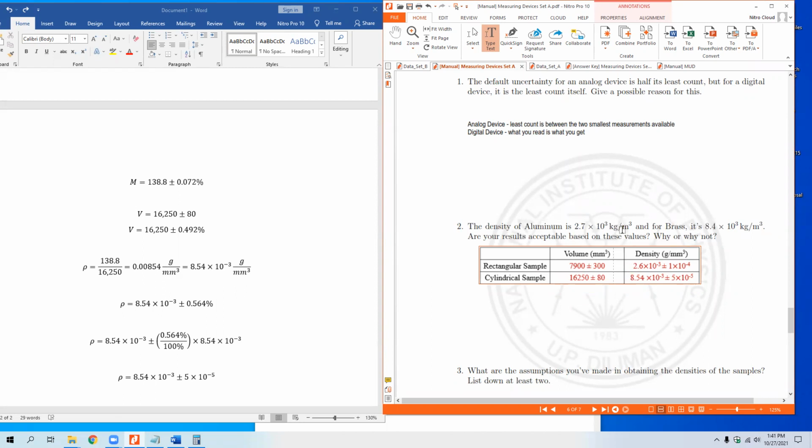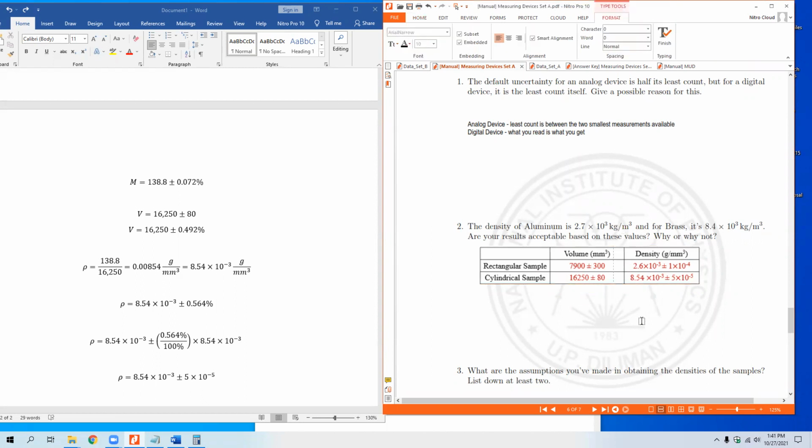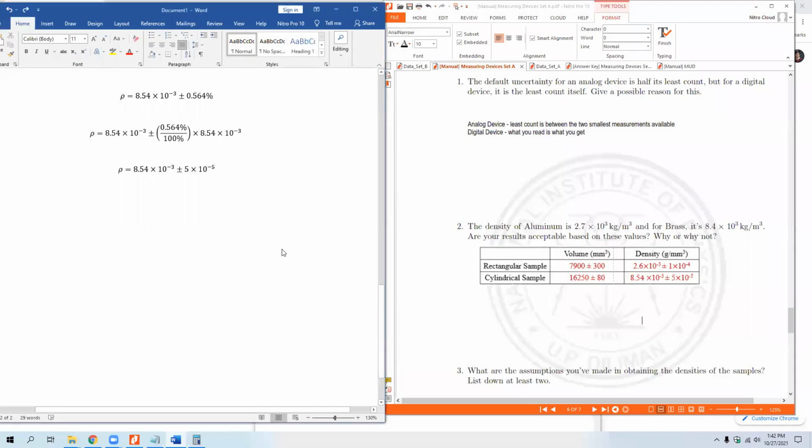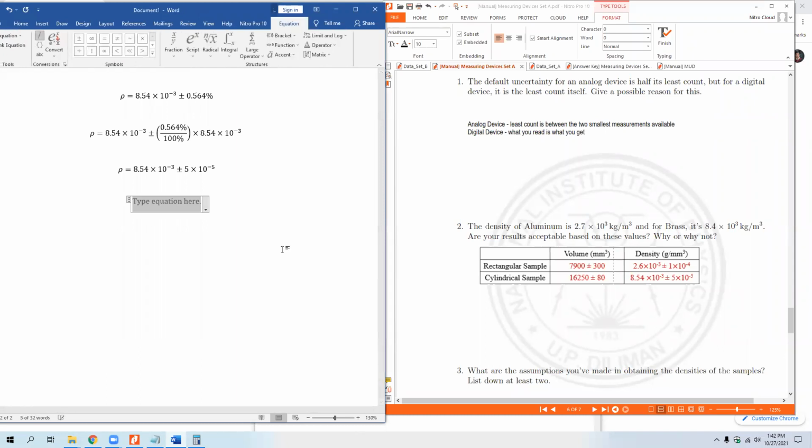So let's first convert these to the same units as our density, or we can do vice versa. So I'll skip the conversion process here, or rather let's do them anyway. Let's use our cylindrical density for this.